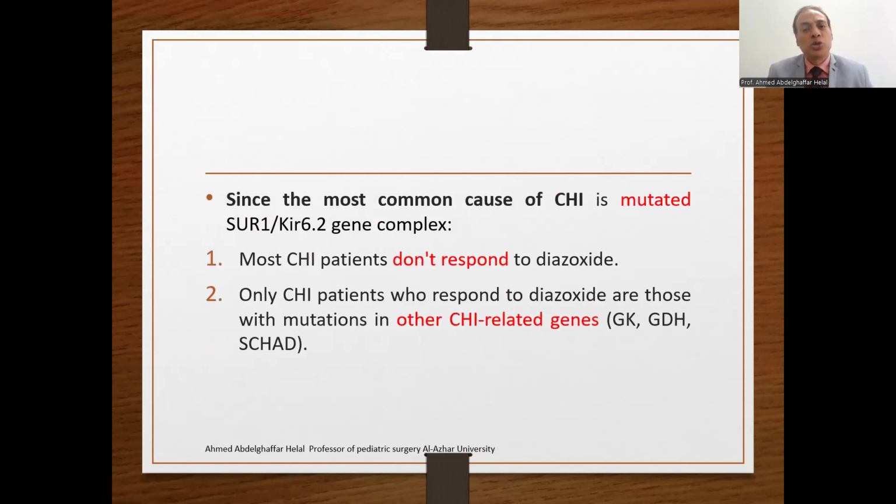Since the most common cause of congenital hyperinsulinism is a mutated complex gene controlling potassium ATP channels, most children don't respond to diazoxide. Only children with a mutation in the other related genes, as we said, respond.